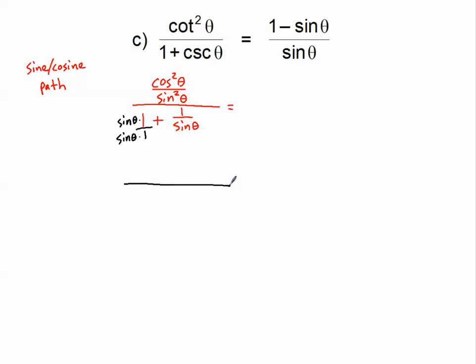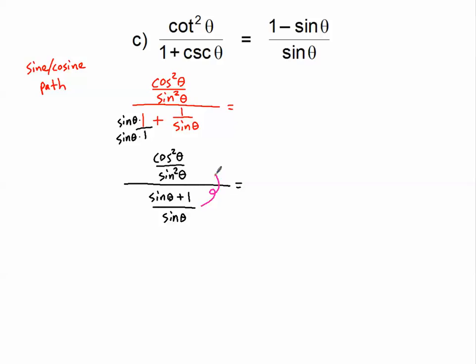So here's my big fraction that has cosine squared divided by sine squared. And in the denominator, now I have the same denominator, which is sine, and the numerator is sine plus 1. So this is a better looking complex fraction because now it's a single fraction divided by a single fraction.